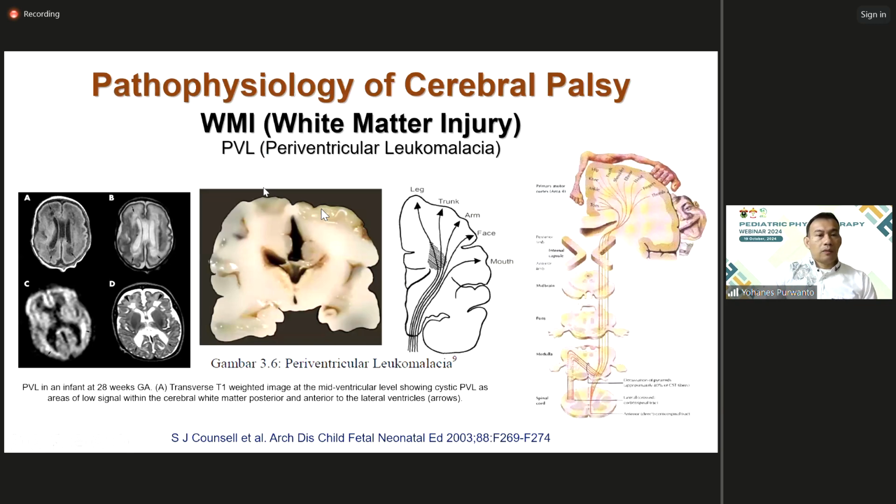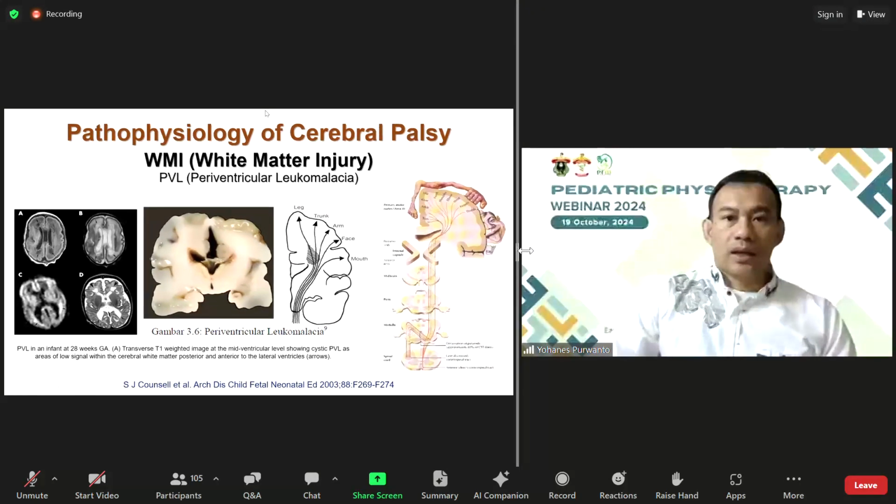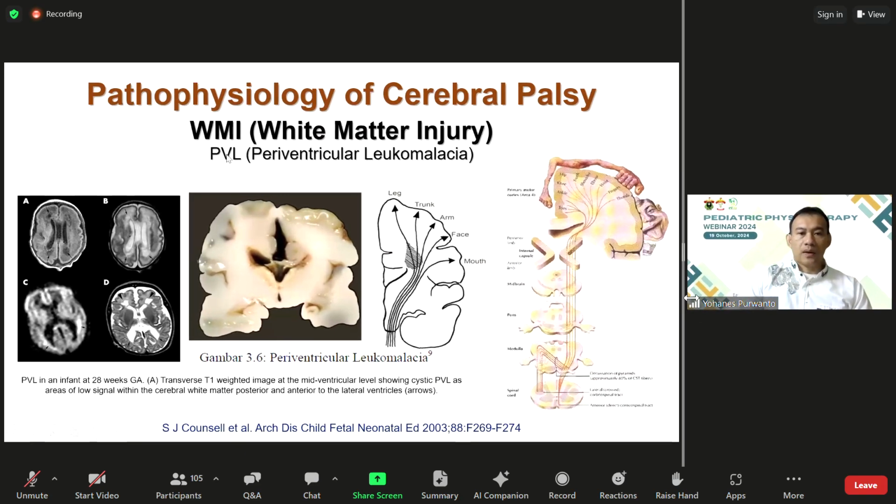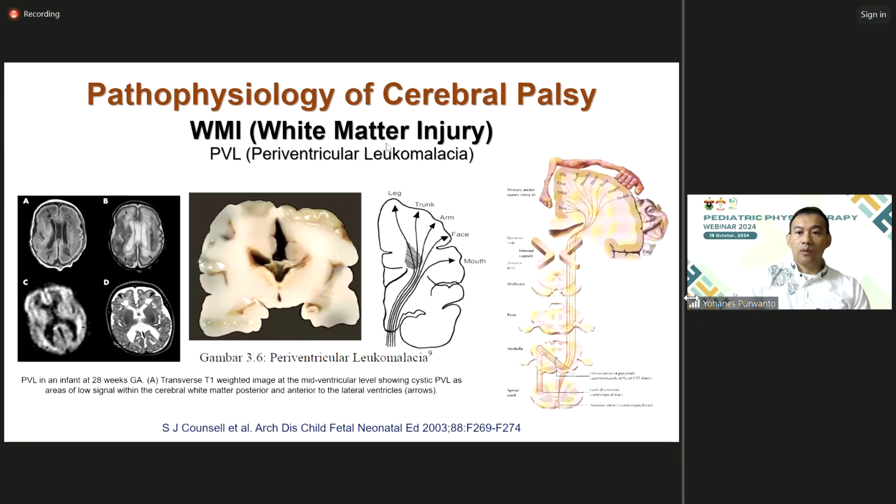And next, we will talk about the pathophysiology of cerebral palsy. I will divide it into white matter injury, for example periventricular leukomalacia here, as you can see from the slide.